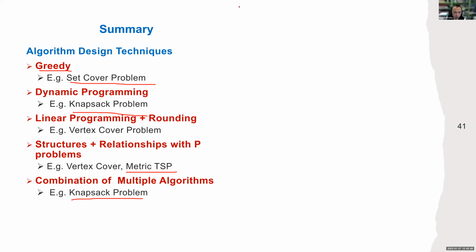What do we mean by combination of multiple algorithms to solve knapsack? Anyone who remembers? Oh, very good. Okay, Ziao, you get a bonus. Basically, it's a combination of greedy and the largest item. You take the better of these two, and it will give you a 2 approximation. So this is from our last lecture.